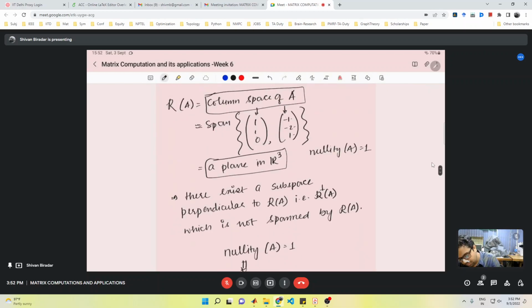So using this information, we can see that there exists a subspace perpendicular to the range space of A, which we call the range space of A perp.